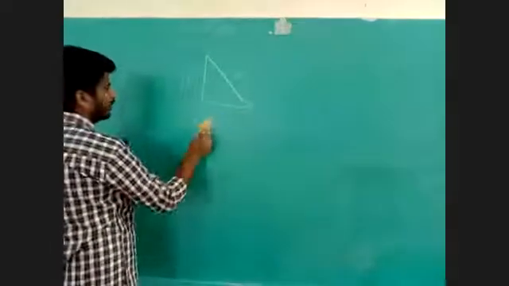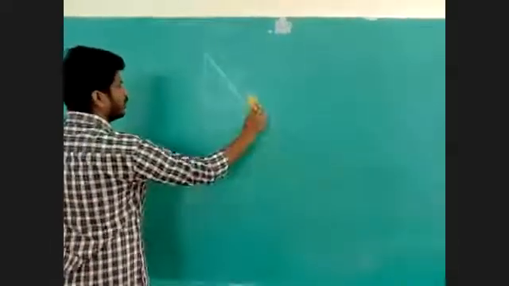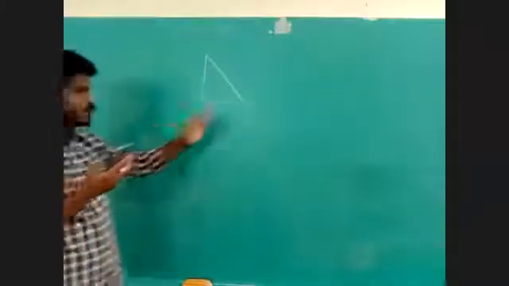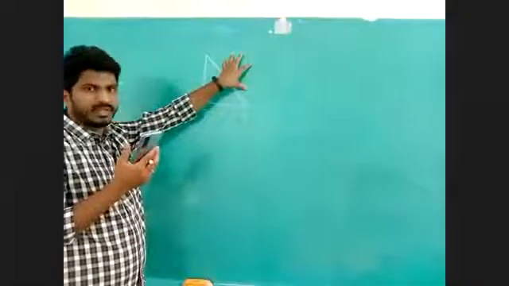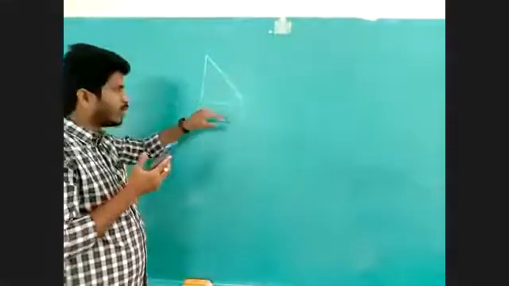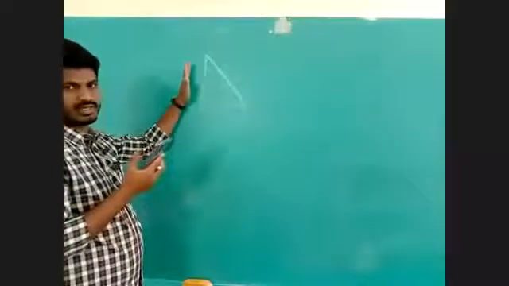Is it clear? Pythagoras theorem statement? Yes, sir. Once tell me Pythagoras theorem statement. In a right angle triangle, the square of hypotenuse is equal to the sum of the squares of the other two sides.